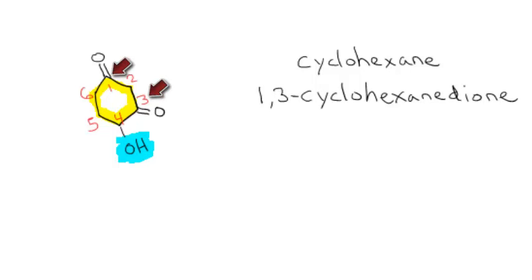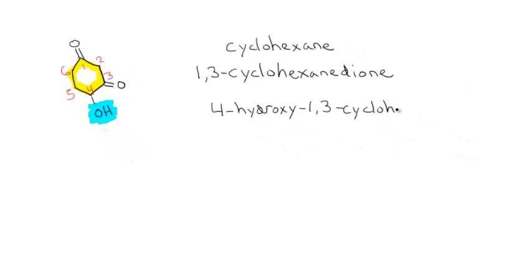And then to finish off, we take this parent name and place the one and only substituent, our 4-hydroxy, in front. Then our parent name, 1,3-cyclohexane dione. So the complete name for this compound is 4-hydroxy 1,3-cyclohexane dione.